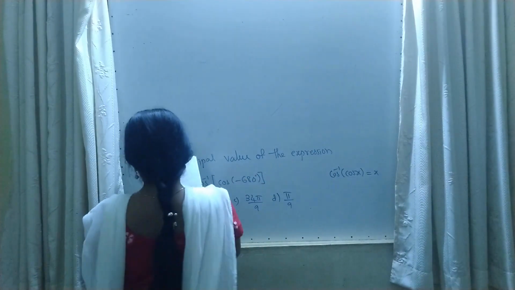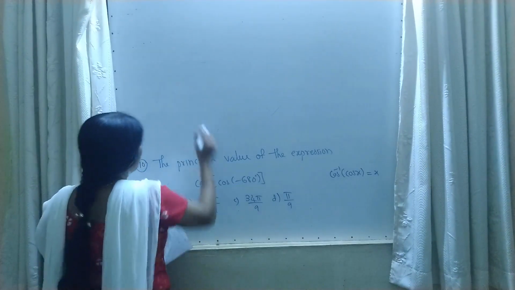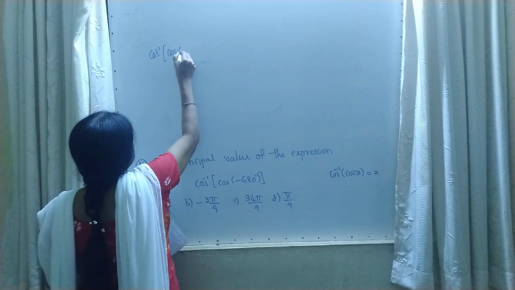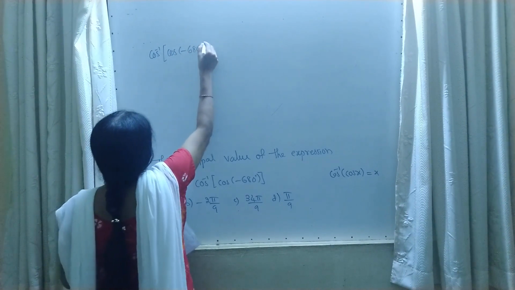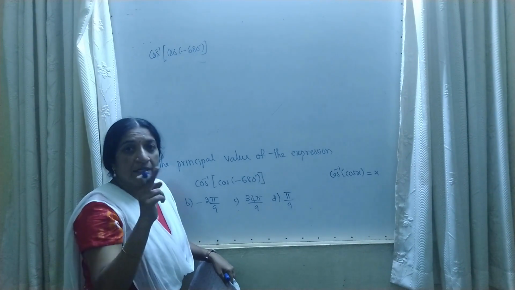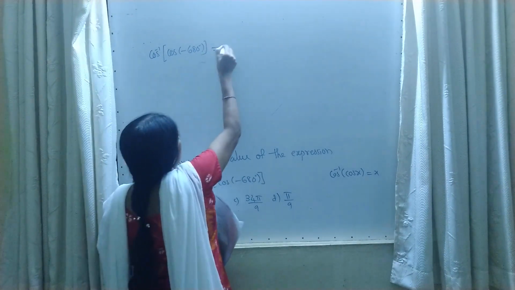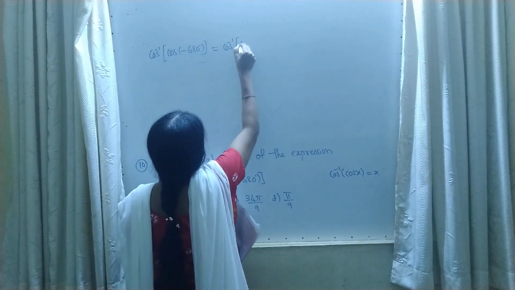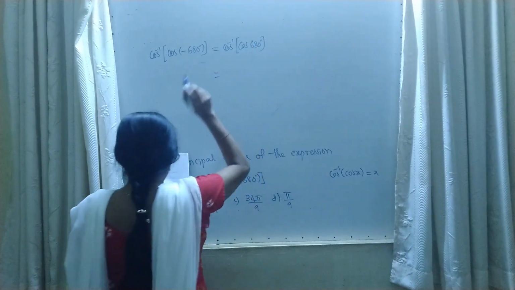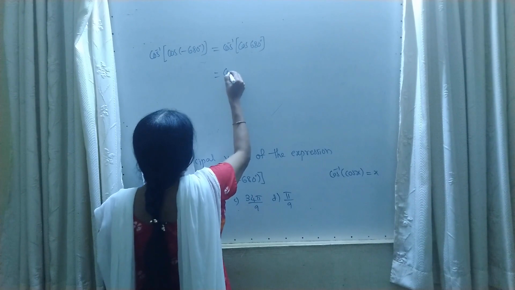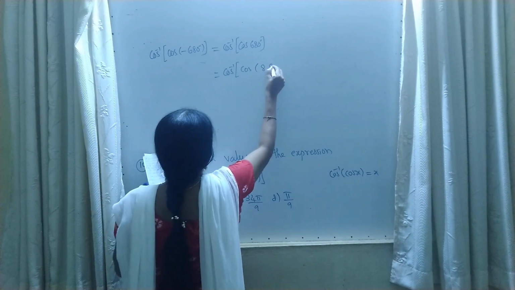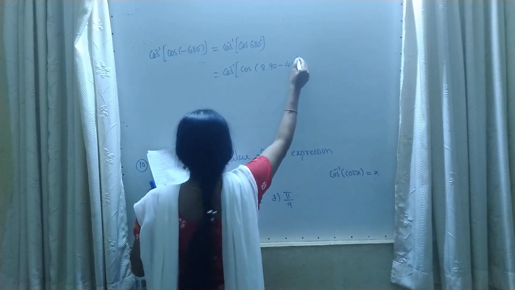So here first you know that cos inverse of cos minus 680 degree. Tell me, what is cos of minus theta? Cos of minus theta is cos theta. So this will be cos inverse of cos 680 degree. Now split 680 degree with the help of allied angle: cos inverse of cos of 8 into 90 minus 40.